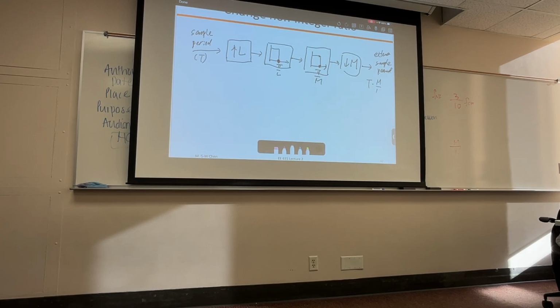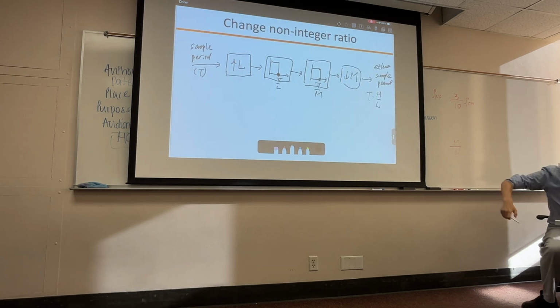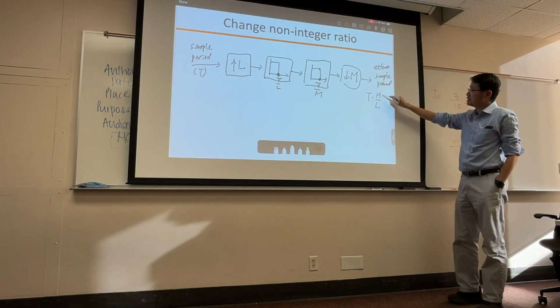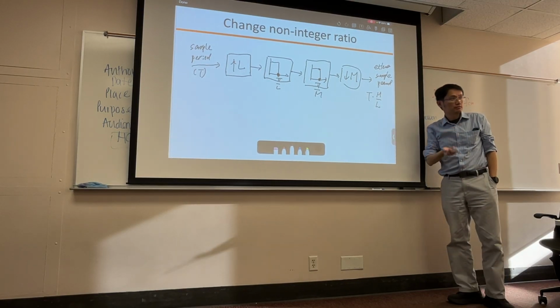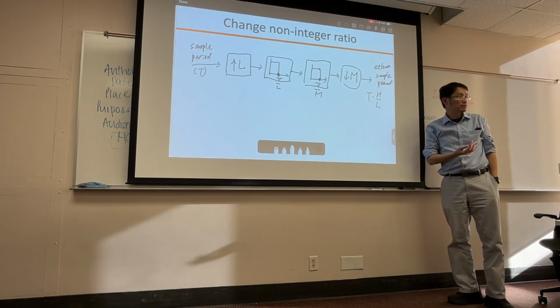M divided by L, am I right? For the period, it's M divided by L; for the frequency, that's L divided by M. All right, we're done. This basically gives you the non-integer sample rate conversion.